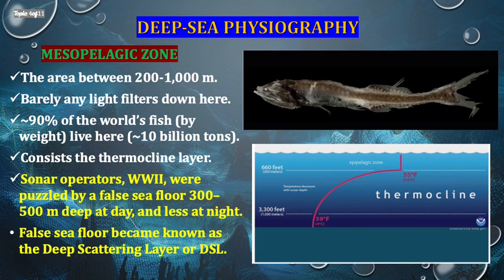But later they found that it was actually a false seafloor caused by the diel vertical migration of the mesopelagic fishes. A large number of fishes were doing the nightly migration to the surface of the water in search of food. Later they called this layer the deep scattering layer, or DSL, because it scatters the signal of the sonars.